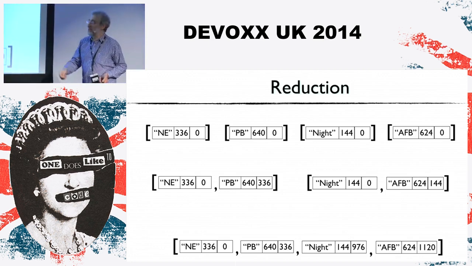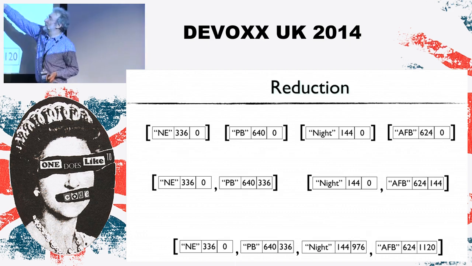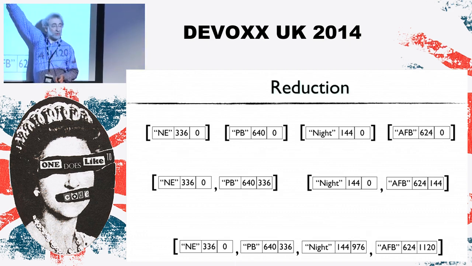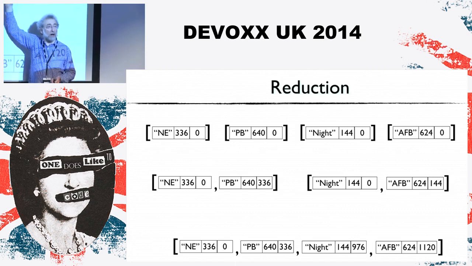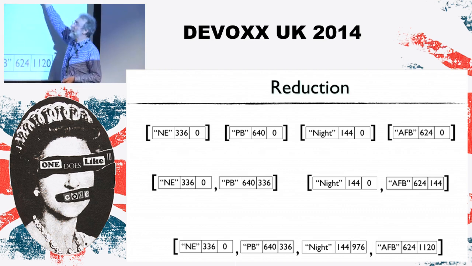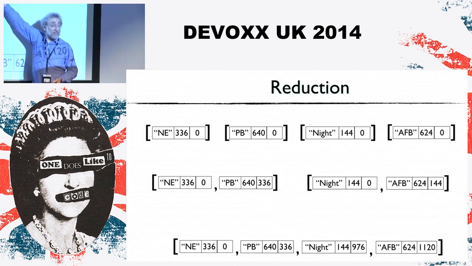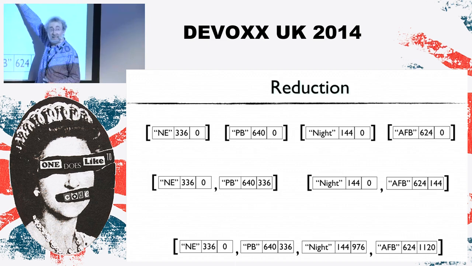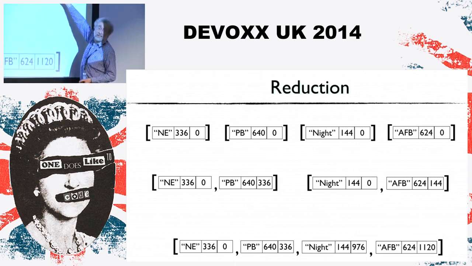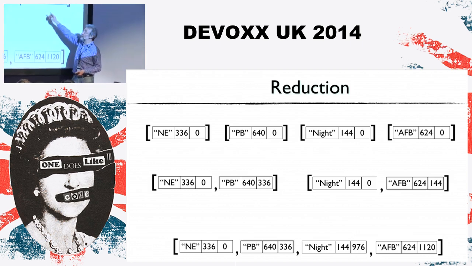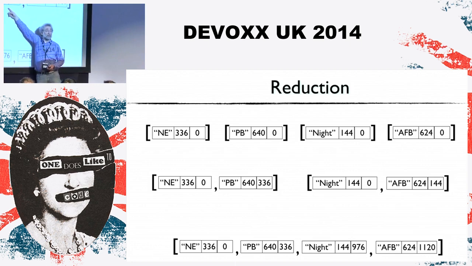Well, the answer is, each one of these partial results here is structurally similar to the final result. So this is a list of 2 books, and sure enough the displacement starts at 0, and then the displacement of this book is equal to the page count of this one.